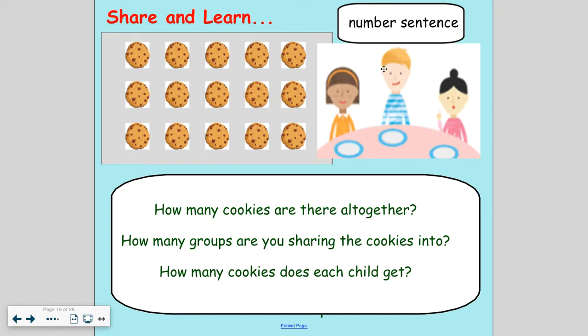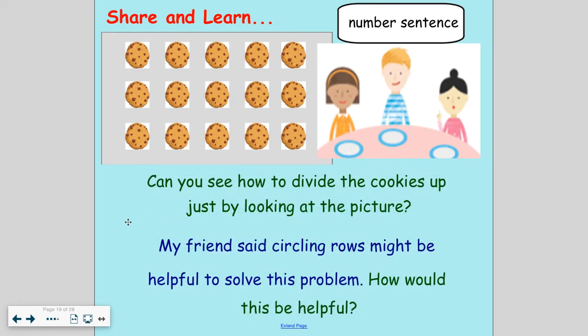The groups this time would be the children's plates. How many cookies will each child get? You might want to share them one at a time to each plate, like I did with the sweets. Or maybe you've been a noticing bush baby and you can already see how these cookies can be shared quickly. Pause the video and have a go at sharing these at home.